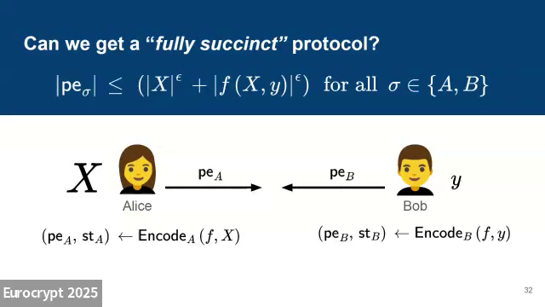So the question we ask in the paper is, can we get a fully succinct protocol that has the same communication pattern I described for the insecure version, where the public encodings do not grow with the size of Alice's big input X? What I mean by this is that Alice and Bob will encode their inputs as before, but this public encoding is succinct in both Alice's input X and the function output f of xy.